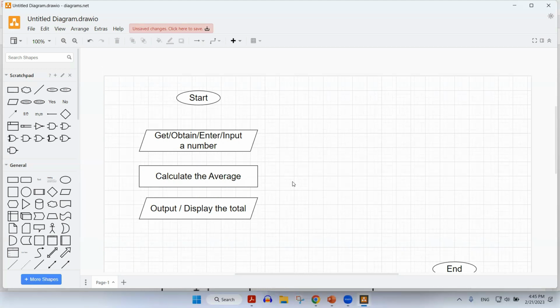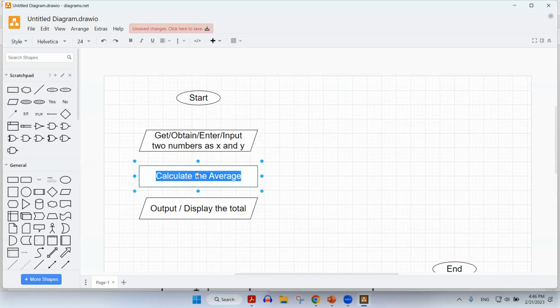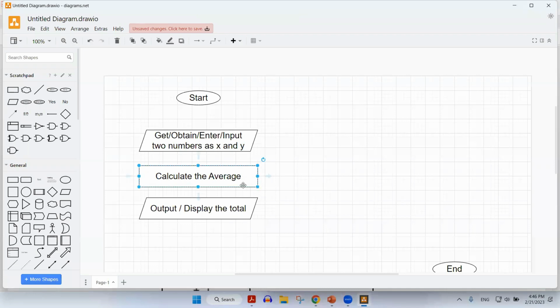If you are talking about calculating a total, you can say get or enter or input two numbers as x and y. Then, without saying calculation and all these things, I'll duplicate this because you can see these things clearly.